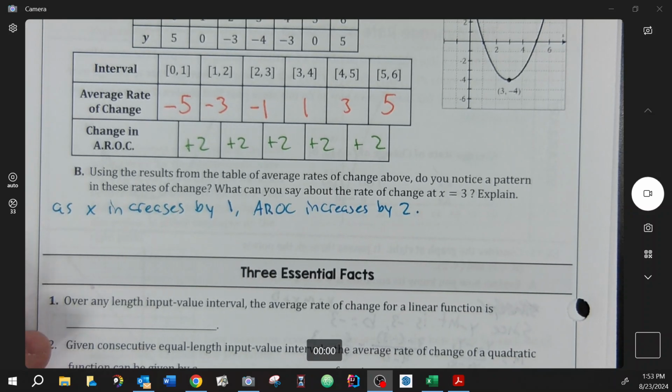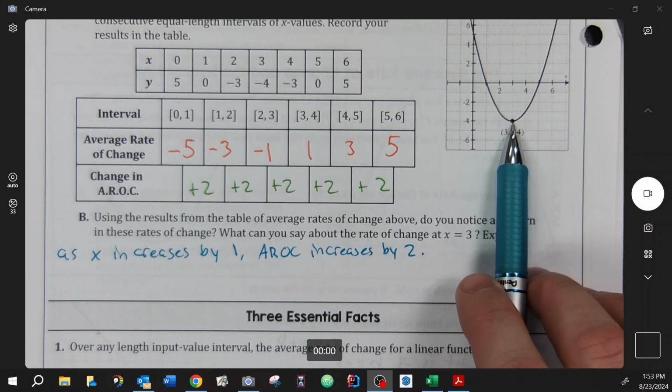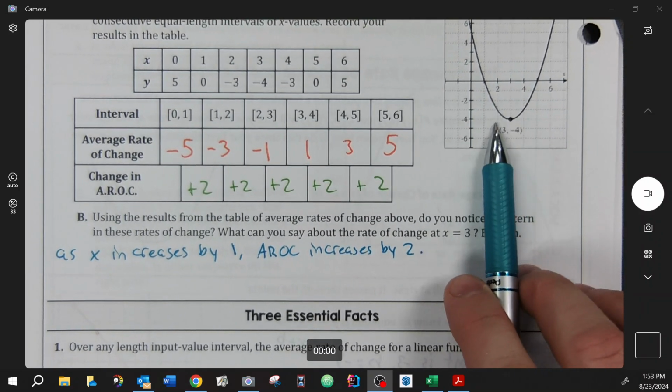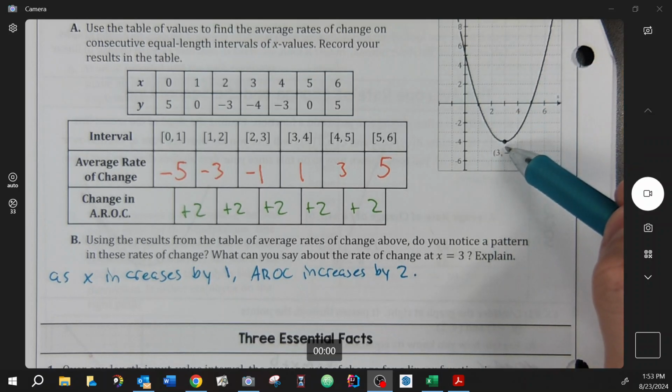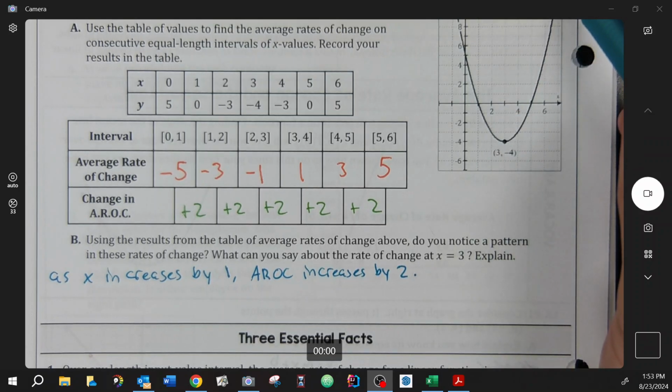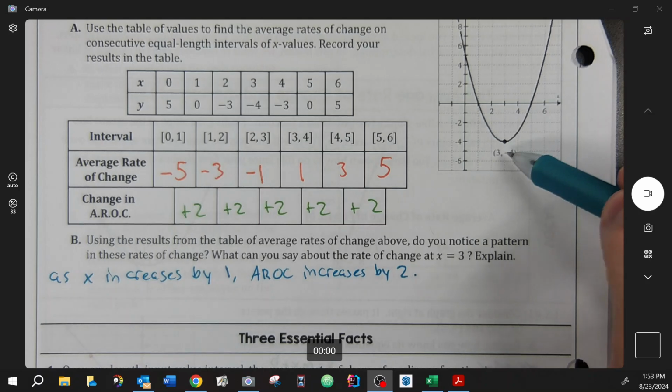Now it says, what can you say about the rate of change at the point x equals 3? Well, check this out. X equals 3 is right here at the vertex of this quadratic, right? X equals 3 is the place where this graph stops decreasing and starts increasing. Do you guys remember what it's called? I said it. When you're increasing, decreasing changes, what we call that kind of point?